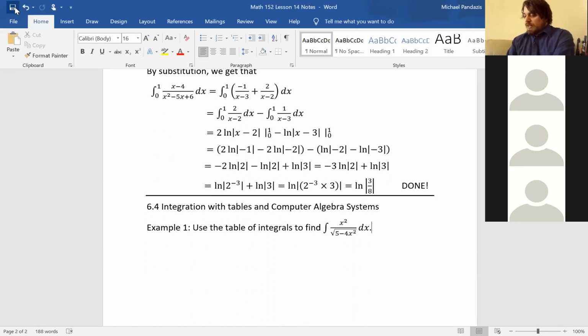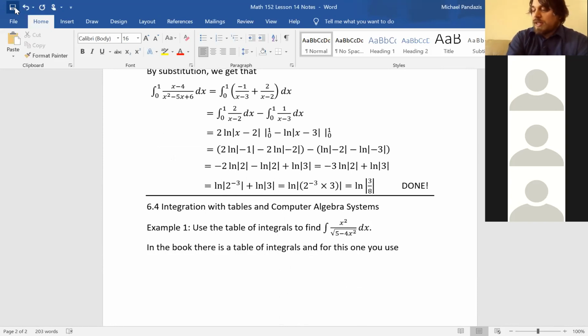Okay, so in the book there is a table of integrals, and for this one, you use number 34 in the table, because that's the one that most resembles this one.